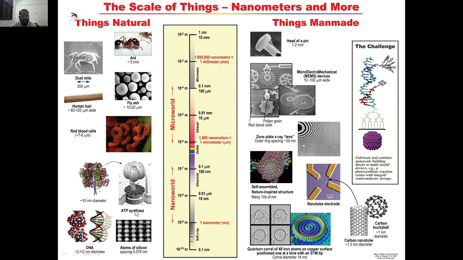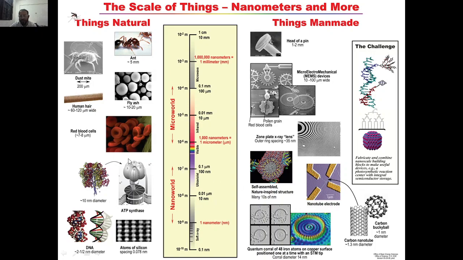Those who have studied biology in PUC will know what ATP is, right? Adenosine triphosphate. This synthase enzyme has a diameter of 10 nanometer.